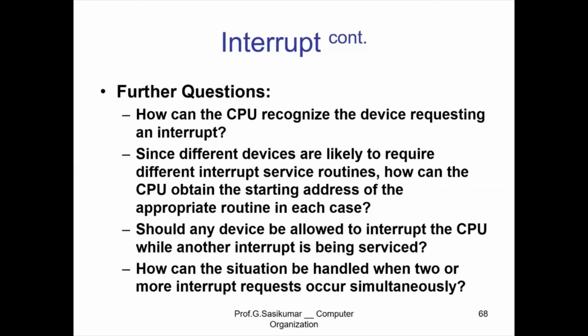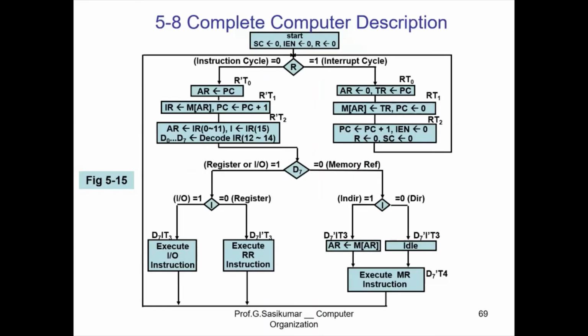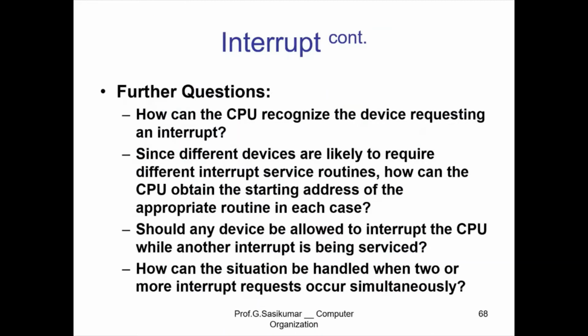So, further questions on the interrupt. How can a CPU recognize the device requesting an interrupt? That is very simple. A CPU can easily recognize how the input is given, in the form of swiping a card or typing a password.